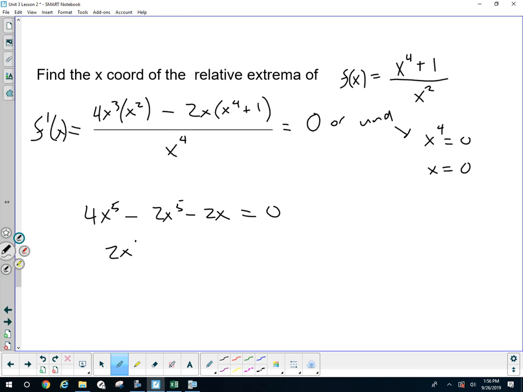I get 2x to the fifth minus 2x equals 0. Factor out 2x, I get x to the fourth minus 1 equals 0. I'm just going to go ahead and immediately say, okay, 0, yep, that's important. I already had 0 here, so I get it again. And now with the x to the fourth minus 1, think of it like x squared minus 1, you're going to have a plus or minus 1.